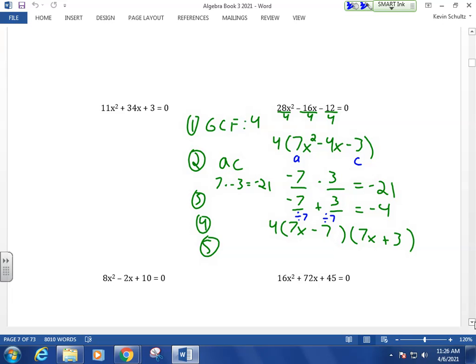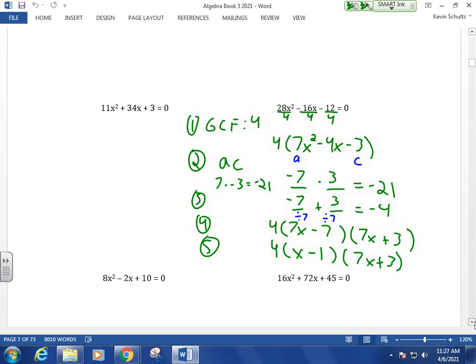And in this case, we can only simplify the first one by dividing both terms by 7. That's the greatest common factor there. So our expression now reads 4 times 7x divided by 7 is just x. -7 divided by 7 is a -1. And our second set of parentheses does not change.